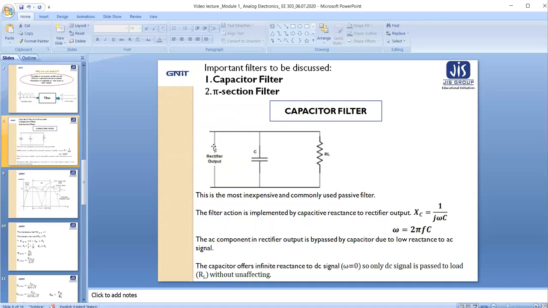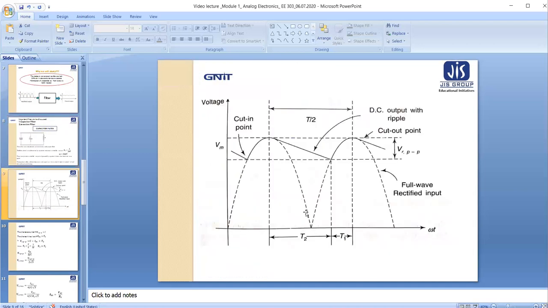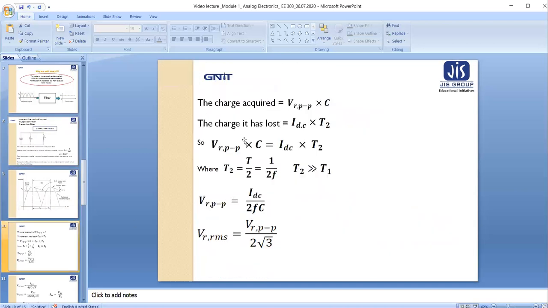Again, the capacitor charges through the rectifier and discharges through the load resistance. So during discharging, the DC current IDC is considered, and that's why we consider IDC into T2 as the discharge loss.